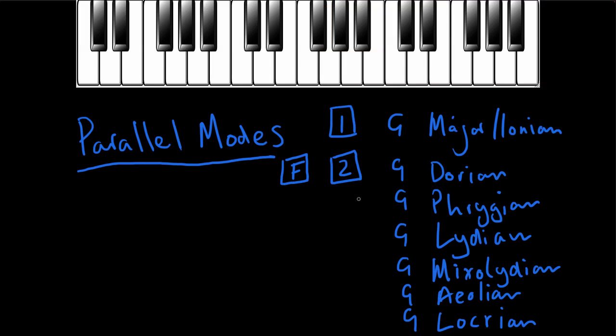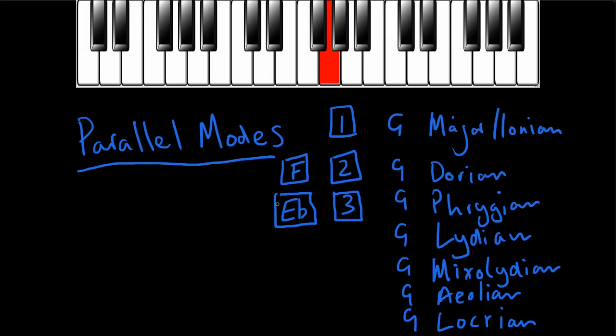If we move on to this G Phrygian scale, we have to ask ourselves the question, which major scale has G as its third note? Any ideas of what that might be? Well, the answer to that is E flat. Remember, we actually looked at it in the last video on relative modes. The E flat major scale looks like this.